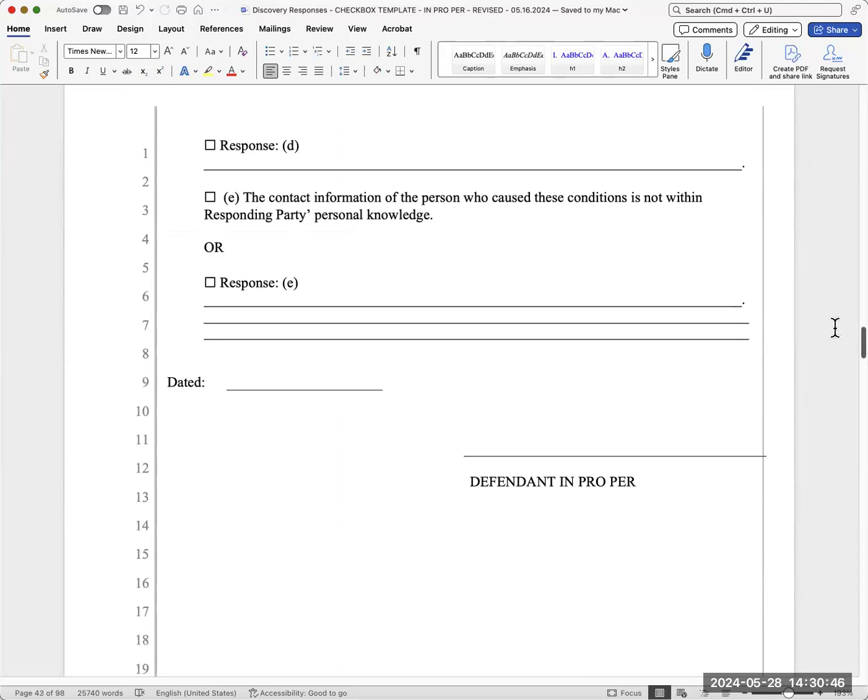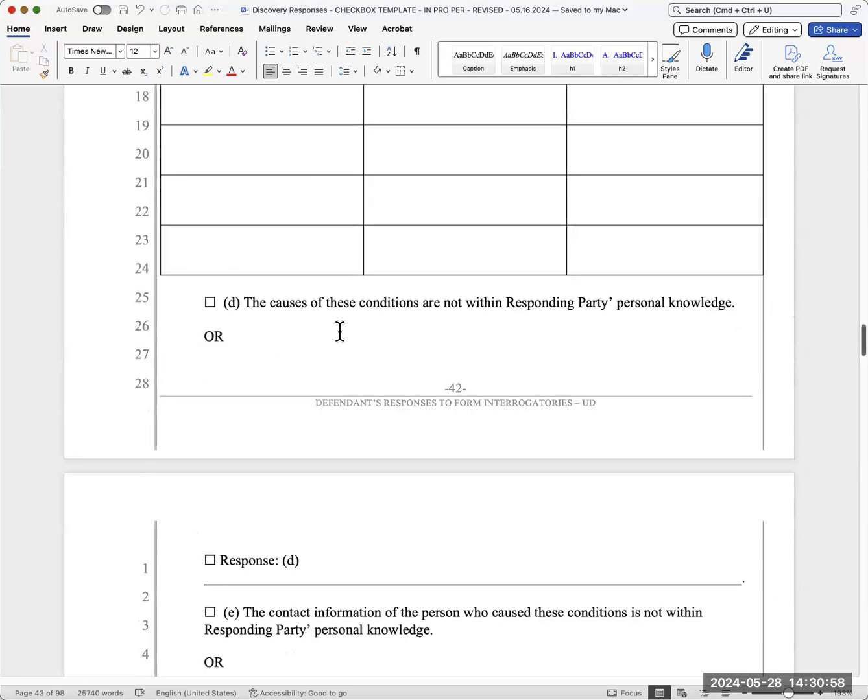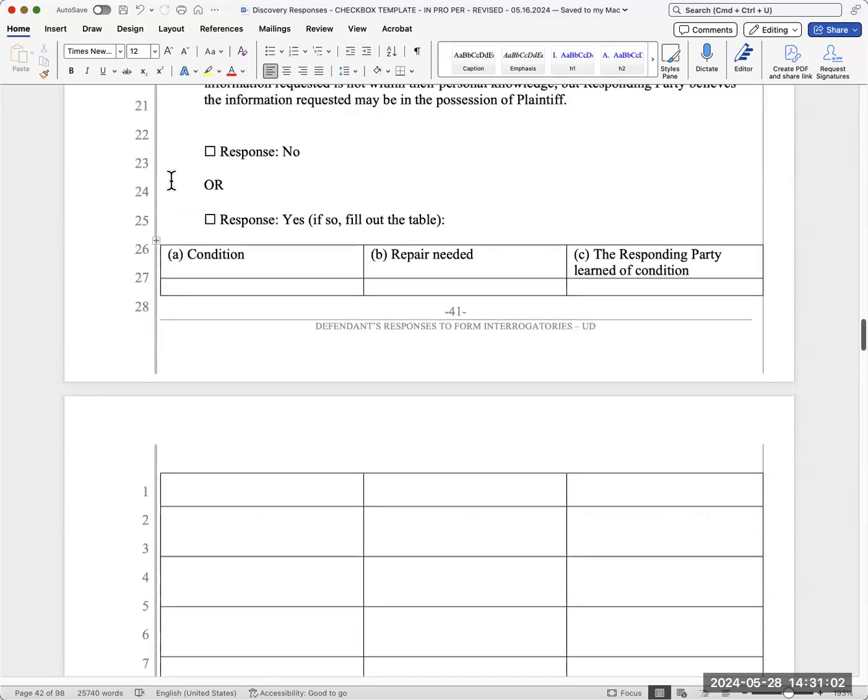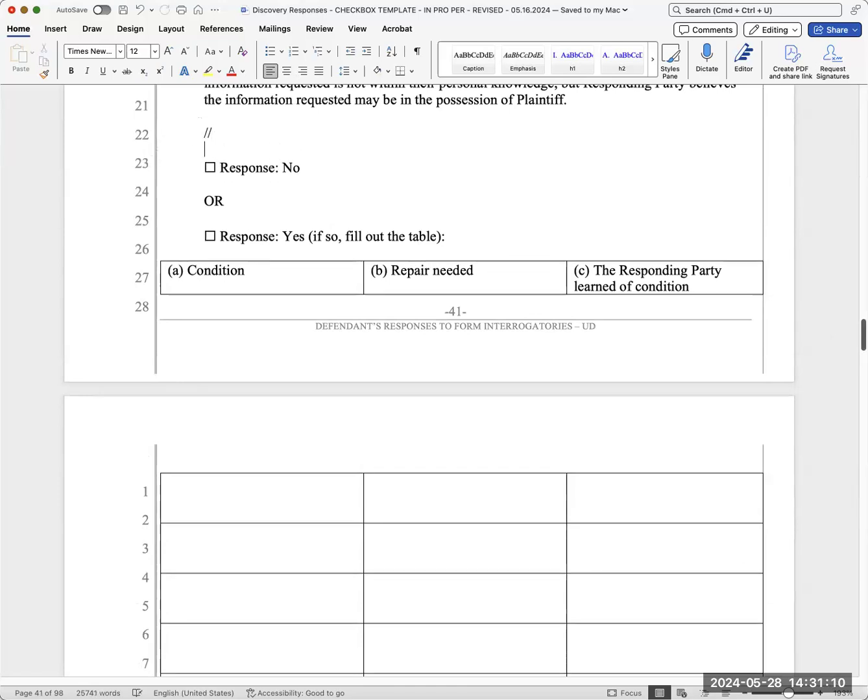When you get to the end of any section of discovery, it's very important that some response be on the page with the signature, okay? If for some reason the date is here and the signature is down here, you're going to want to push down, by creating what we call widow marks. You've probably seen me do them like this.